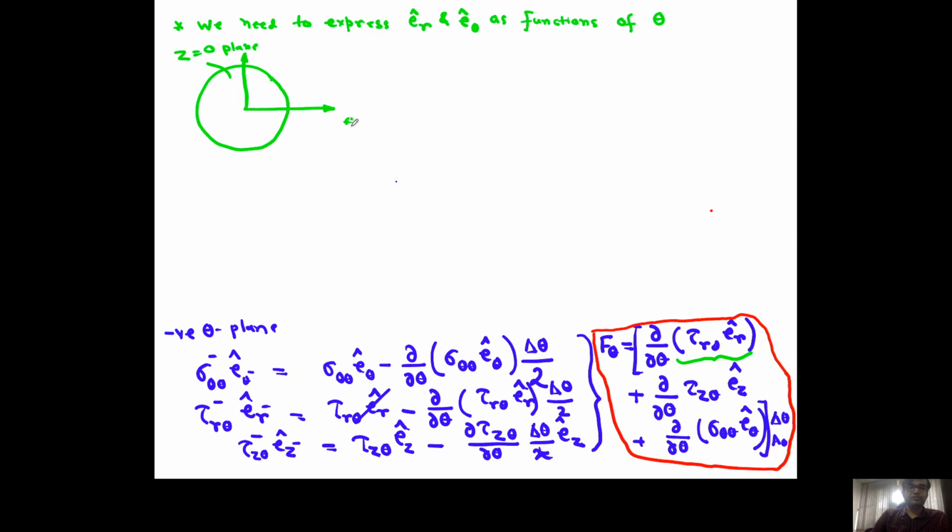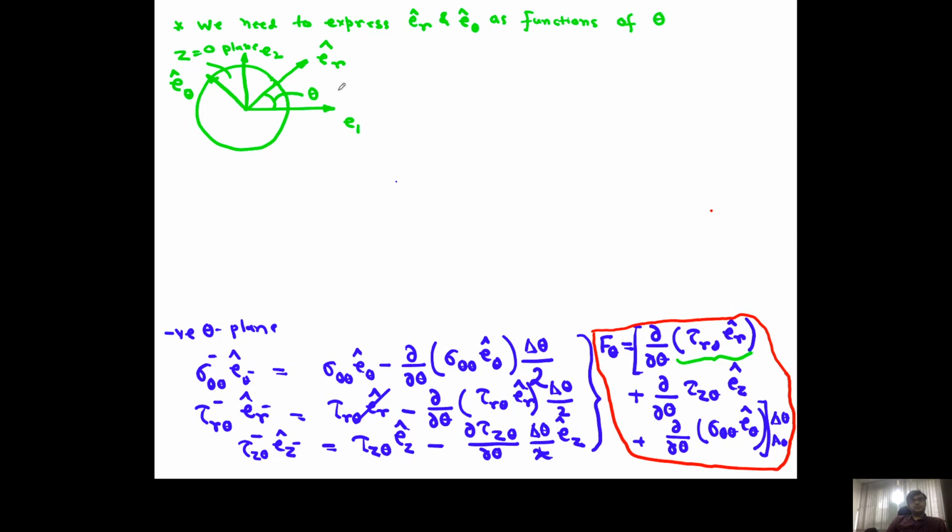So this is E1, this is E2, and suppose I have a point here. This will become my ER axis for that particular point. And then if you take a perpendicular from this, that will be your, sorry, E theta axis, right? So that is it. And this angle is your theta.